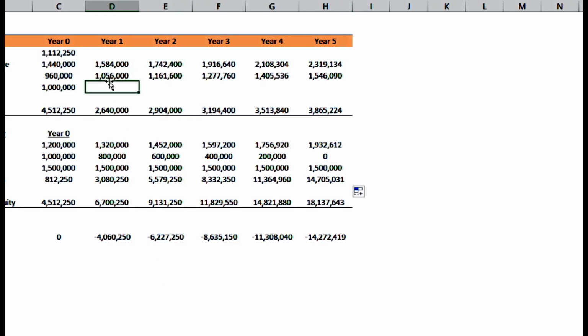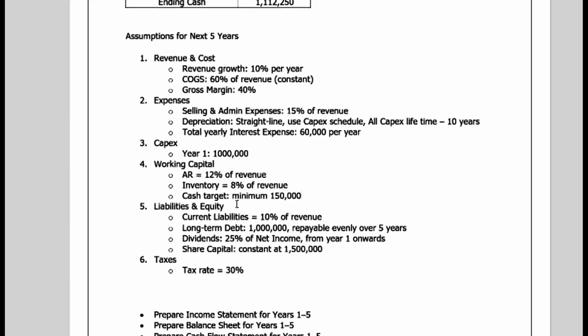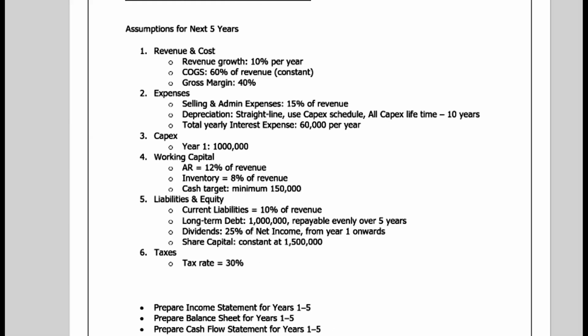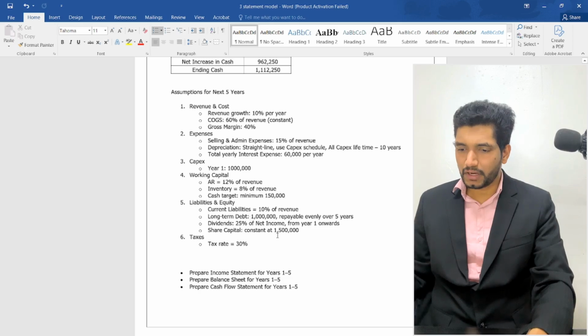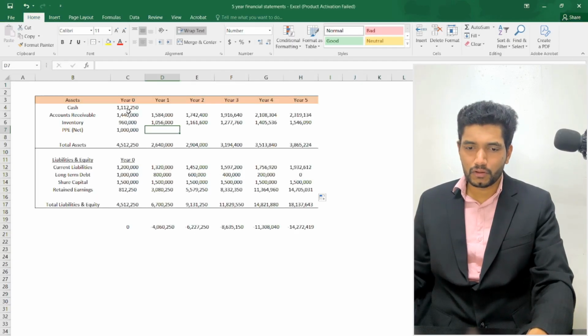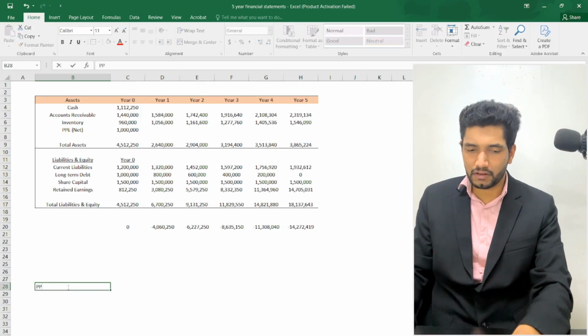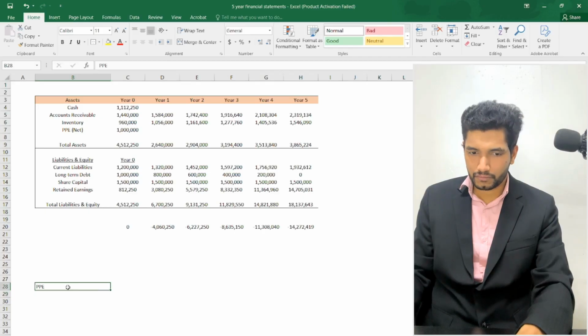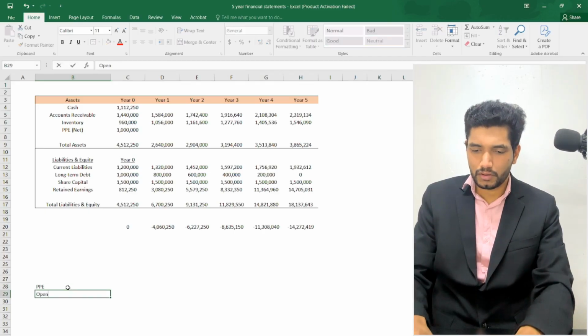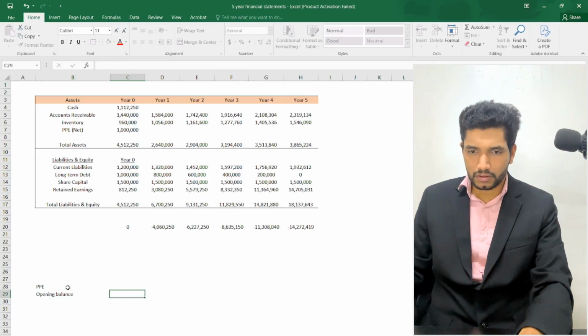Let's look into property, plant and equipment. For PPE we have a new property there, that is 1 million. So for the PPE I'm doing a separate table here. This is my opening balance. Here it is 1 million.